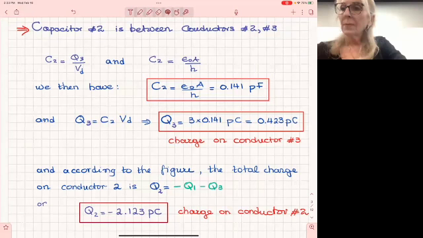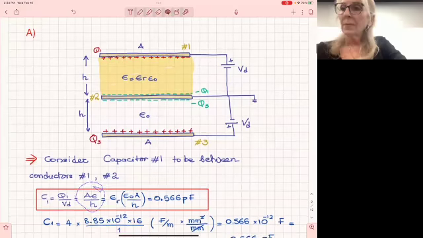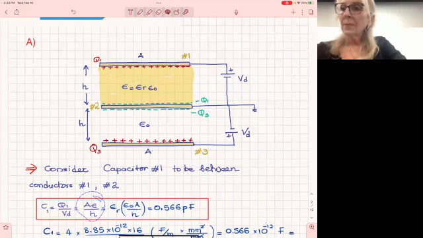C2 is 0.141 picofarads. From this relationship, we'll find Q3. So now we can say the following. Since we know Q1 and Q3, then we can say Q1 is this many picocoulombs, Q3 positive is this many picocoulombs.